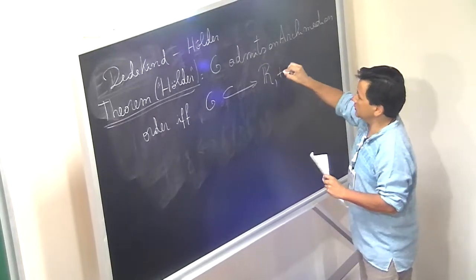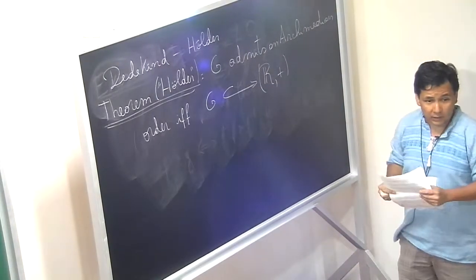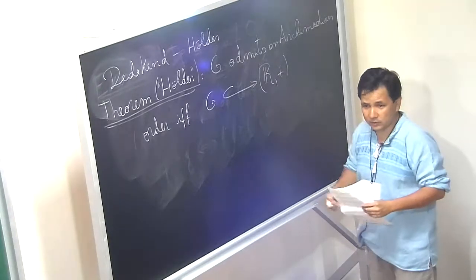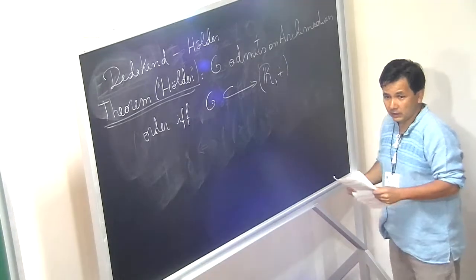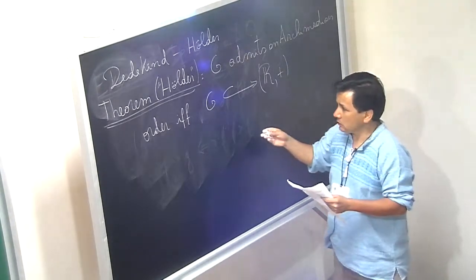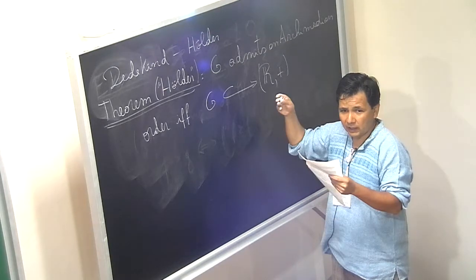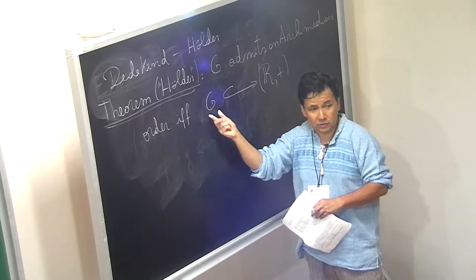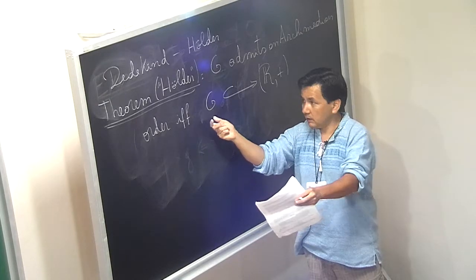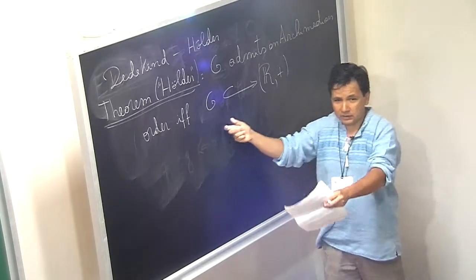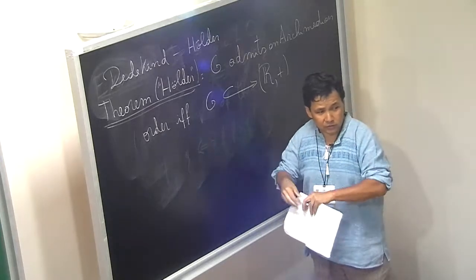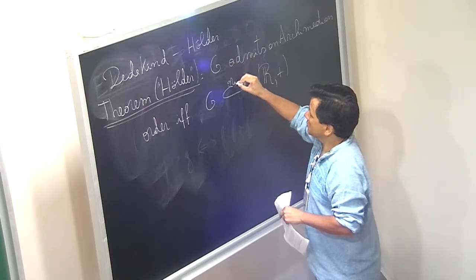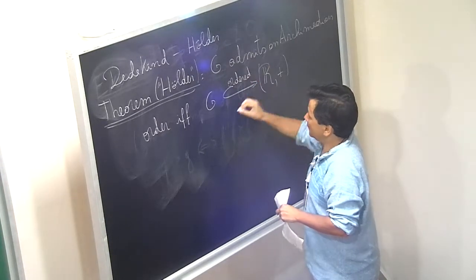I will denote the reals this way, with the sum. This is the group structure, the sum. And actually, this is not only an embedding, this is an order embedding. It means that if you have the Archimedean order on G, then the map that you will build will respect the order. So this is an order embedding.